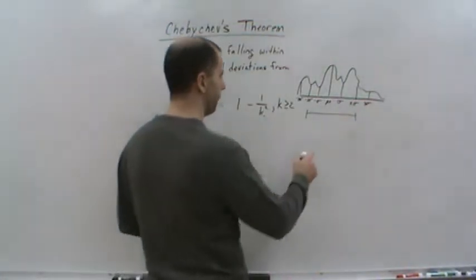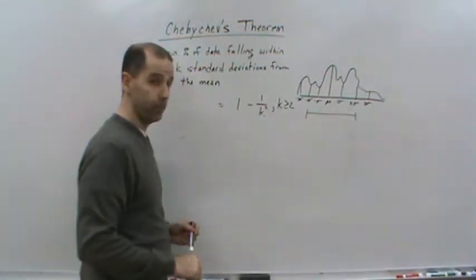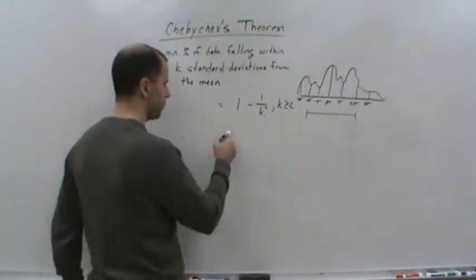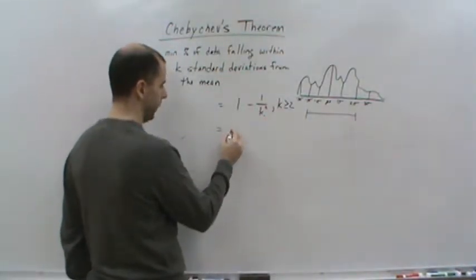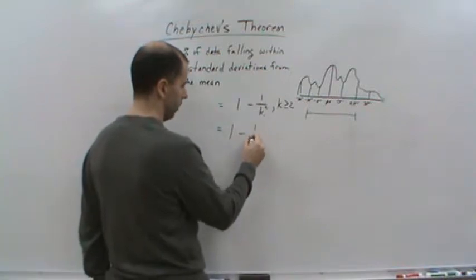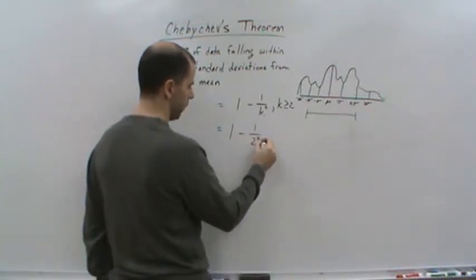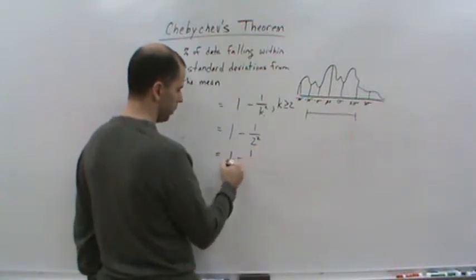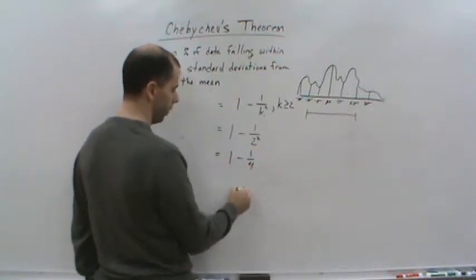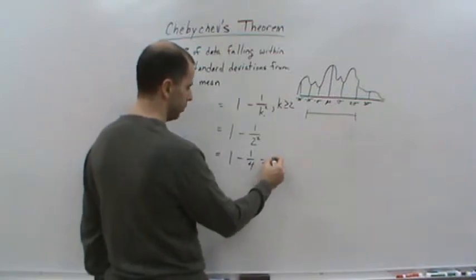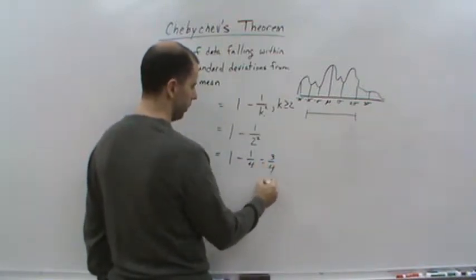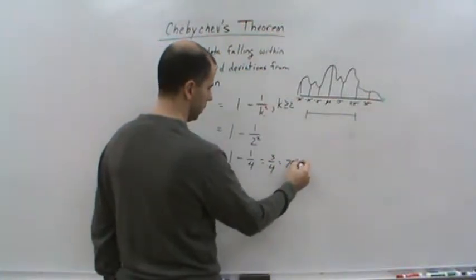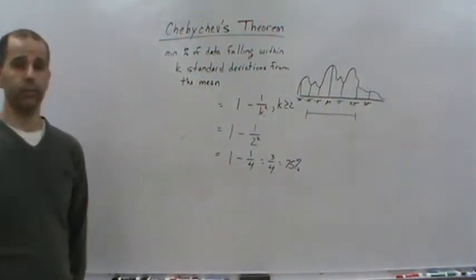So if I want to know the minimum percentage of data that could fall between those two values, I would just plug in 2 for k. So this is going to be 1 minus 1 over 2 squared, which equals 1 minus 1 over 4, which equals 3/4, which equals 75%.